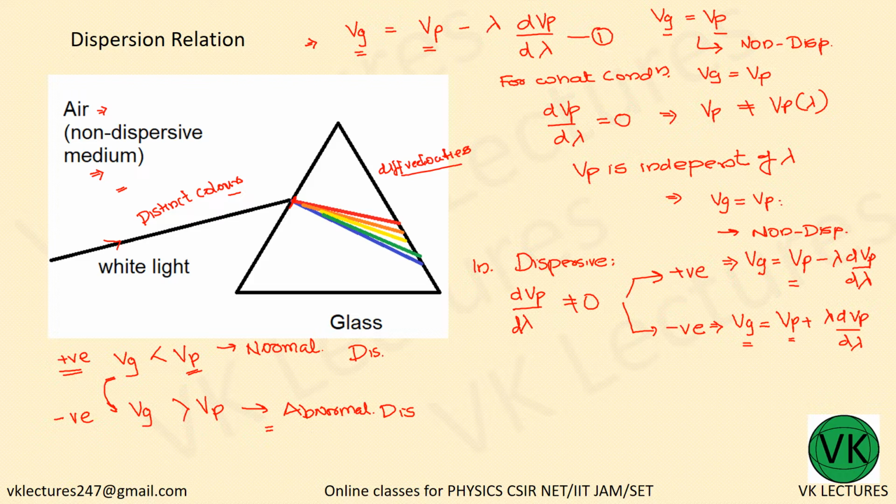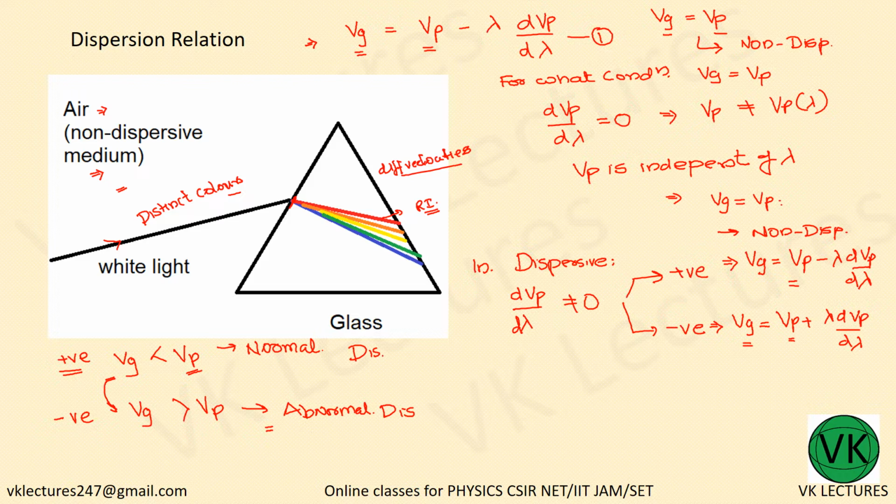For that reason we observe them as different colors, because each has a different refractive index also. Each color has its own refractive index because they move with different velocities.